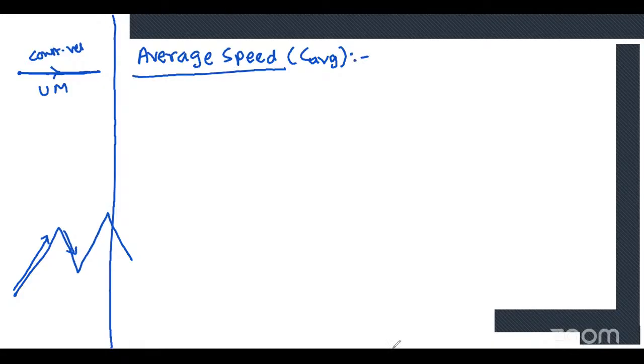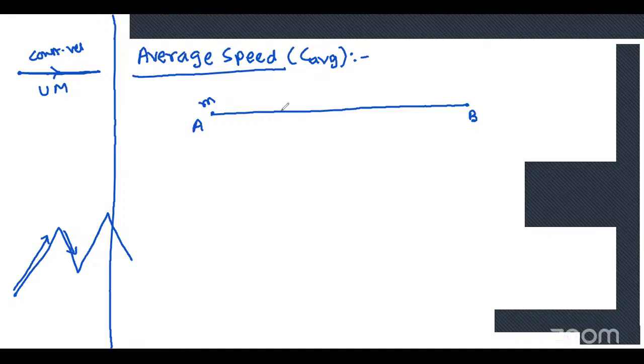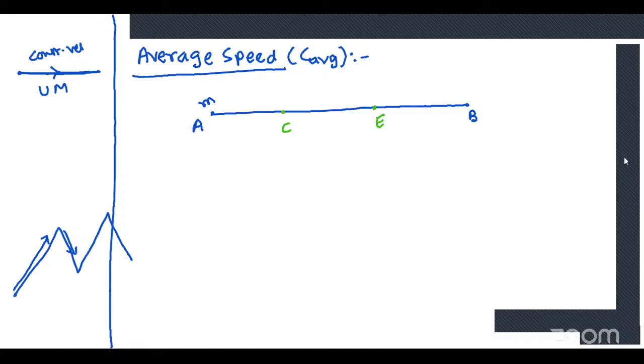Now, let us consider a particle of mass m, initially at point A, moving to point B. In between, we have intervals C and E. From A to C, the particle has a speed v1.